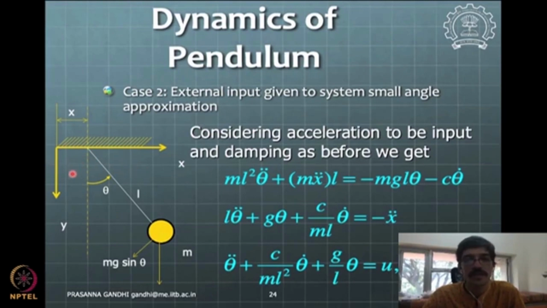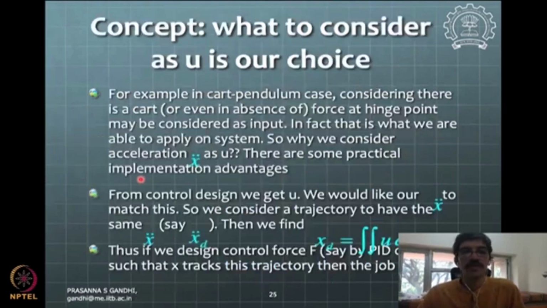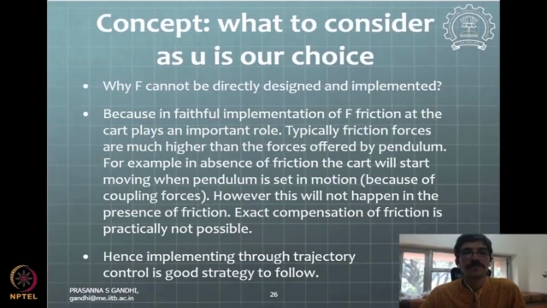Okay, its sliding part. So this is a way we implement this. We propose to do this kind of a control. Okay, so this is a discussion about why F is not directly designed and implemented, because of this friction that is there in the systems anyway.